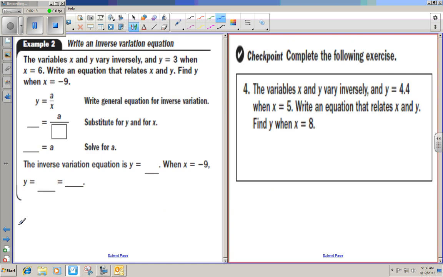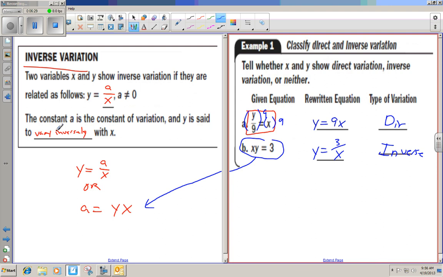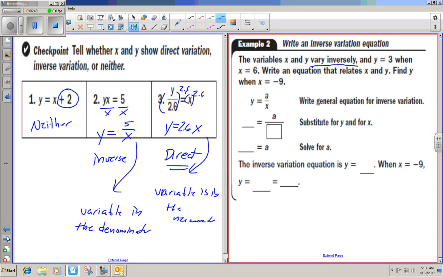All right, so now we have to remember some of that stuff there. The variables x and y vary inversely. So we are told they vary inversely. As soon as you hear inverse variation or vary inversely, you should think the constant of variation is x times y.